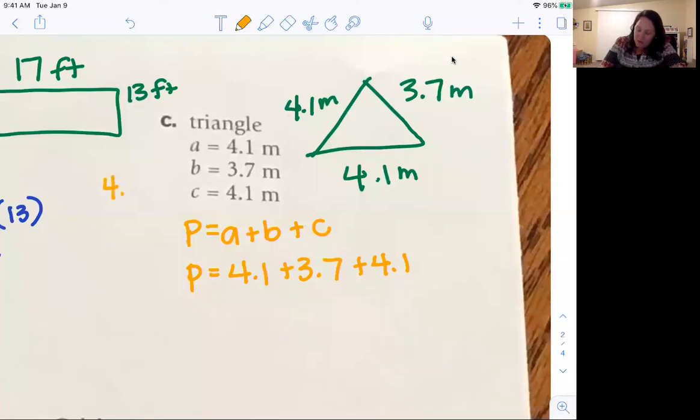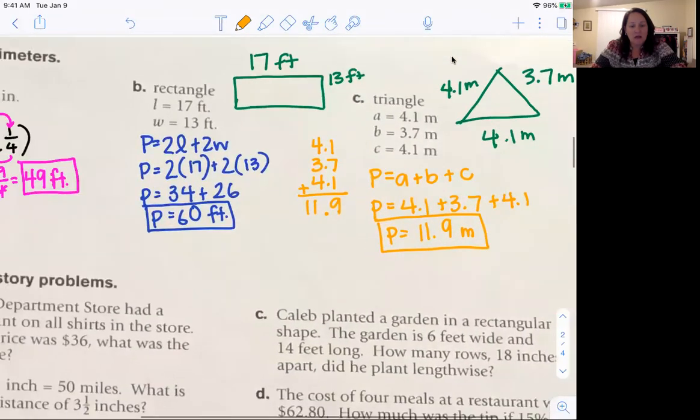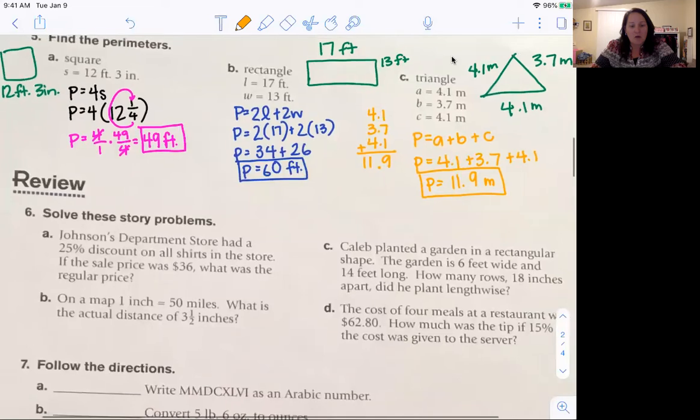I have 4.1 plus 3.7 plus 4.1, and I get a 9. Bring down my decimal. 8 plus 3 is 11. So I get perimeter equals 11.9 meters. Awesome, awesome job.